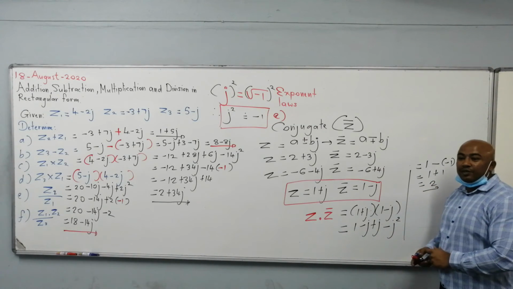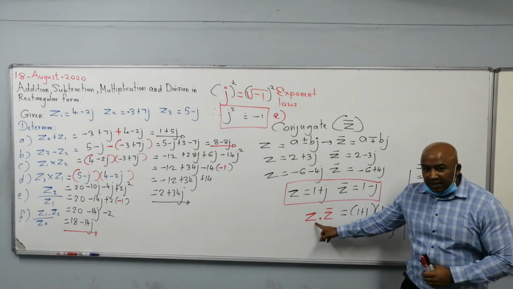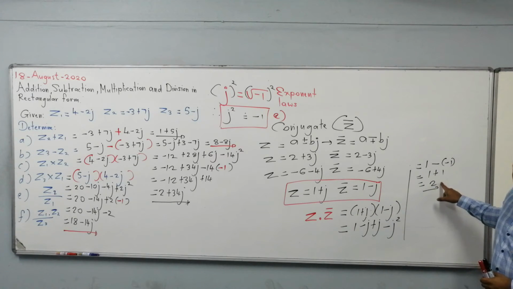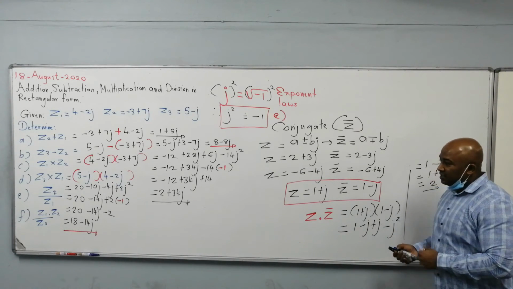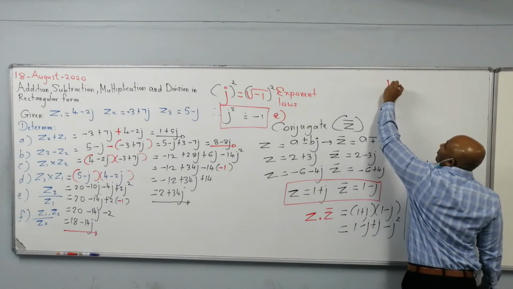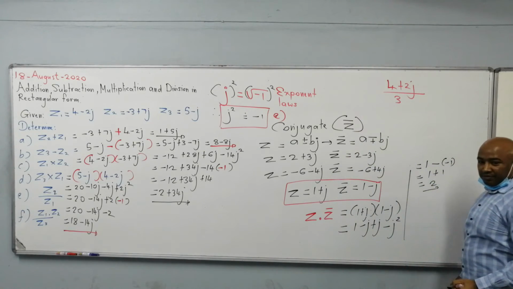So the lesson to be learned here is that when you take a complex number and multiply it by its conjugate, the result is not a complex number, it's a real number. Can you see that? Now, why do we need to know this? Because when we are doing division, so let's say I got 4 plus 2j divided by 3.